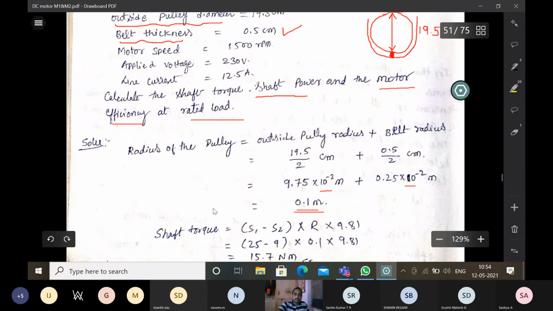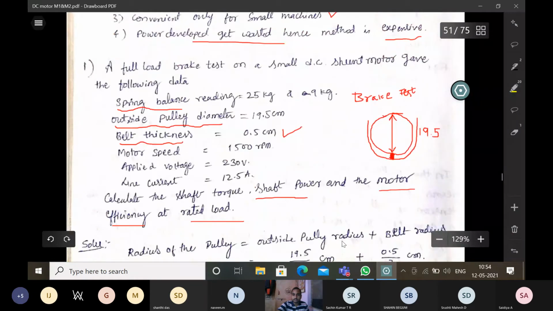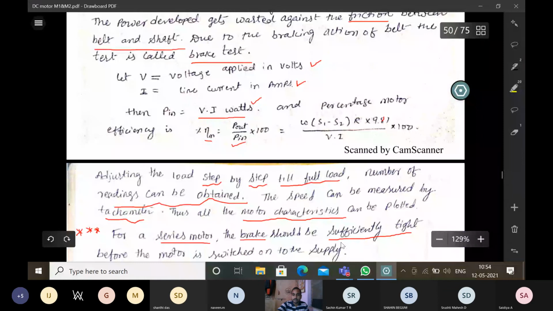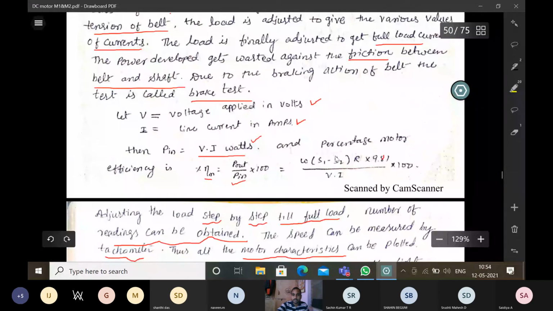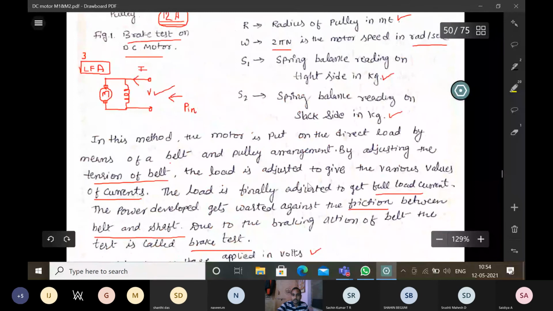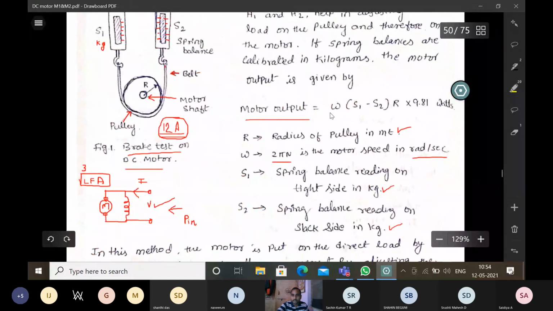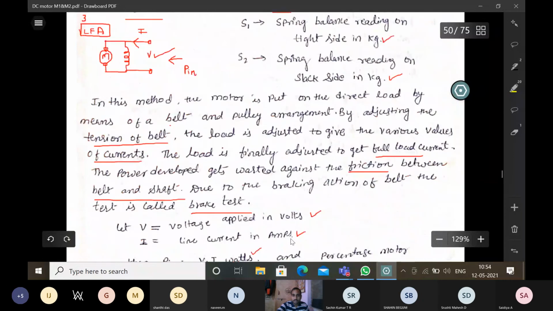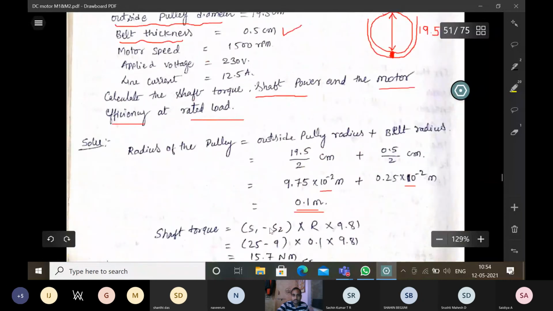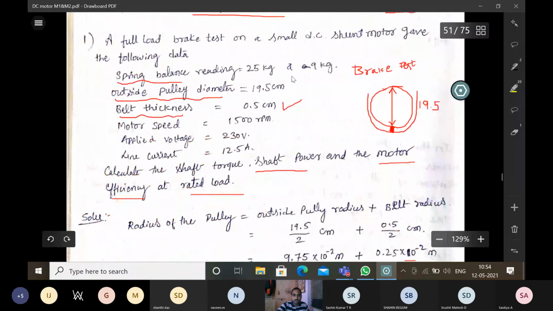And calculate the shaft torque. Shaft torque is (S1 minus S2) into R into 9.81, right? If you multiply this with omega, this will give the motor output: omega into T gives the motor output. S1 is 25 kg and S2 is 9 kg, given in the problem.